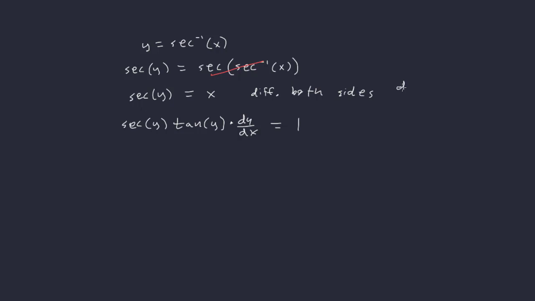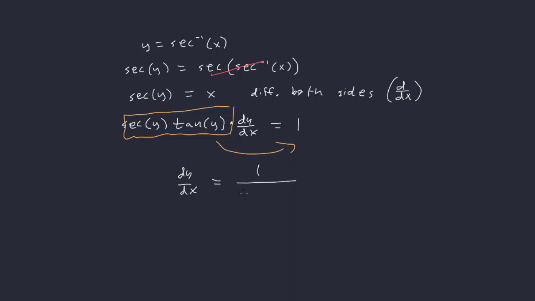So we're differentiating with respect to x. I guess I should write that there just to be clear. And now, just like before, we're going to divide this through and get that the derivative of y with respect to x is 1 over secant y tangent y.